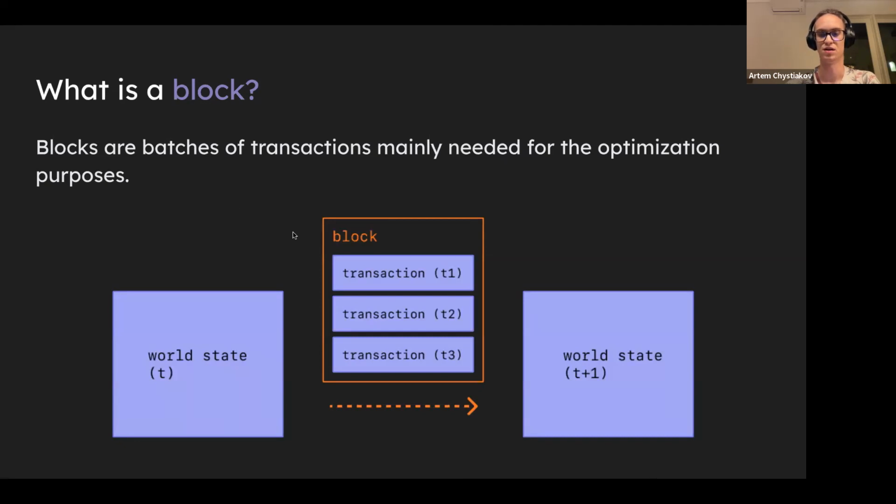It is actually possible to construct a blockchain that will consist of transactions, but only of transactions. But this is wasteful. A lot of resources are needed to maintain such a blockchain. So for the optimization, these transactions are actually packed into the blocks.